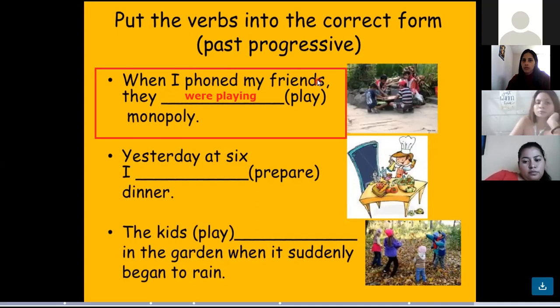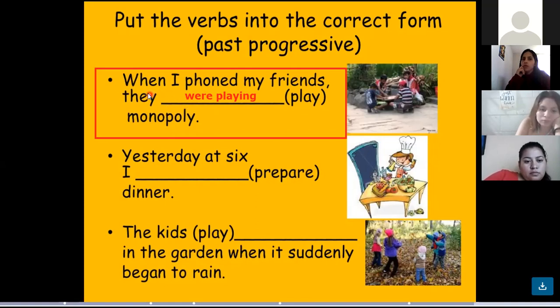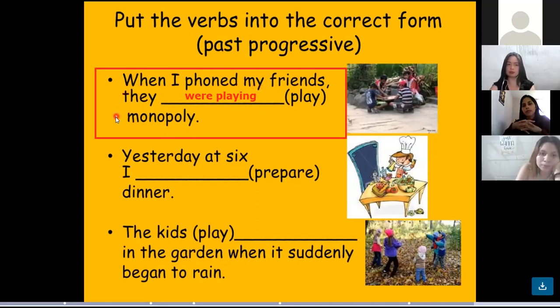Okay, now pay attention here. I have a question for you. How many sentences do we have here? Two. Okay, we have two sentences, right? But we have one in which tense? In simple past. And the other one? In past progressive. Okay, I'm going to tell you something.